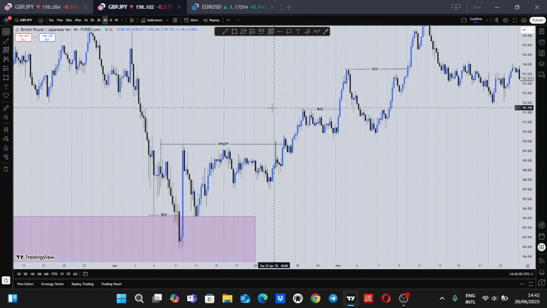Okay, so this is the H4 time frame. You can see the market is bullish. All right, so if you notice here, before this break of structure that happened here, the origin that caused it is right here.